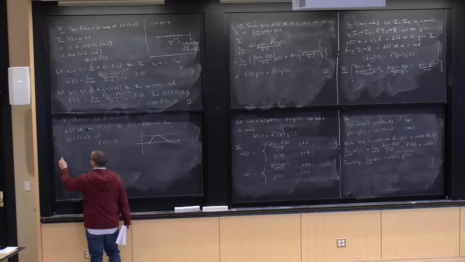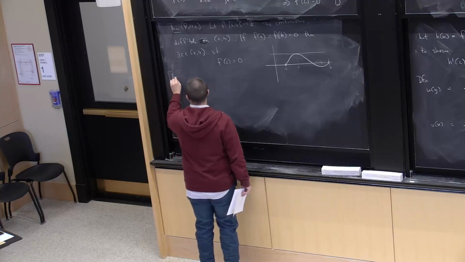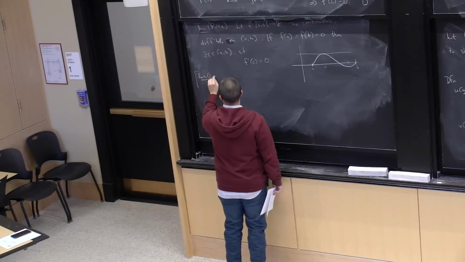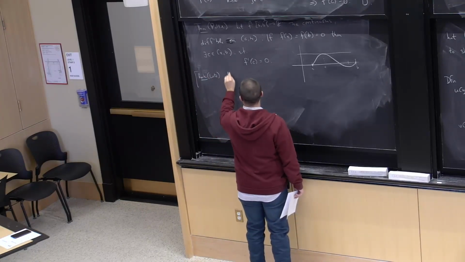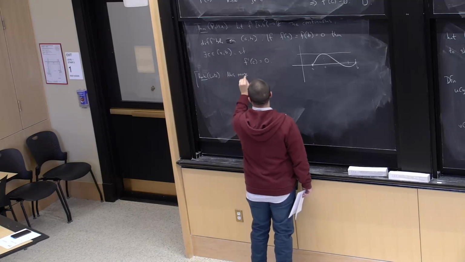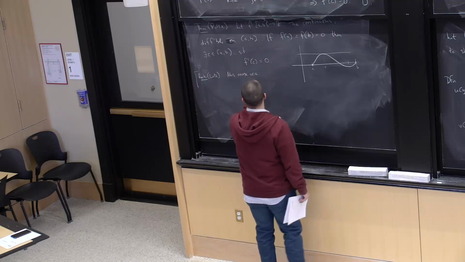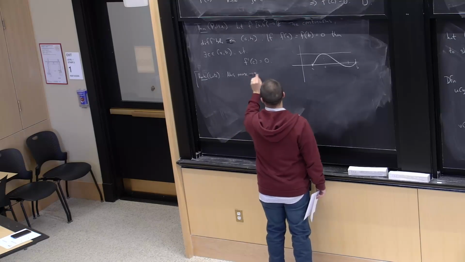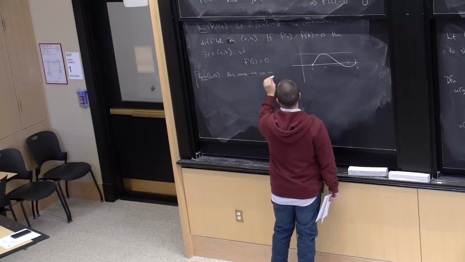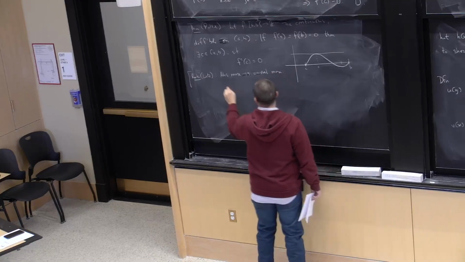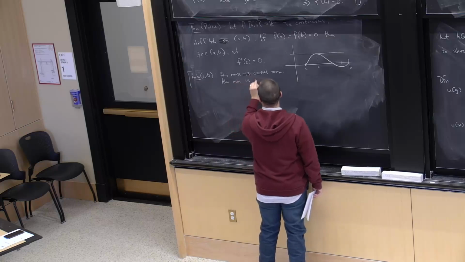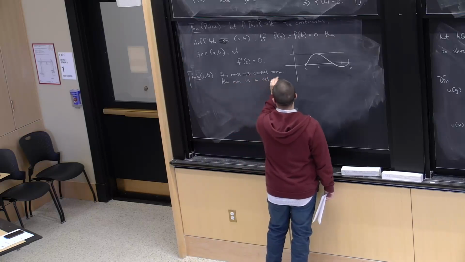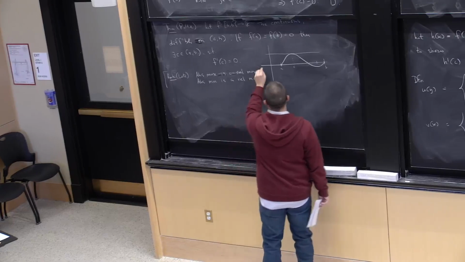So this is kind of a late remark. Absolute max is a relative max. Absolute min is a relative min.